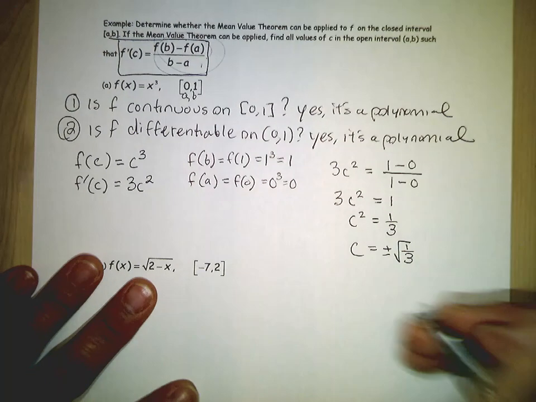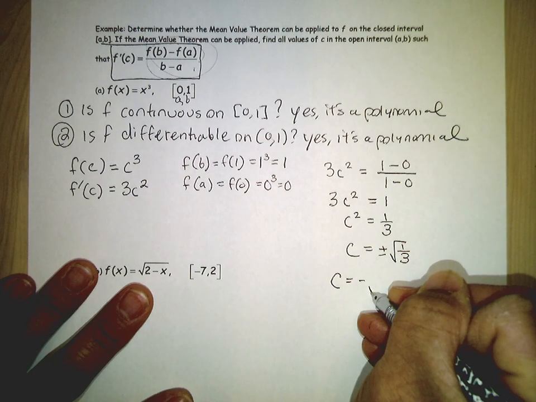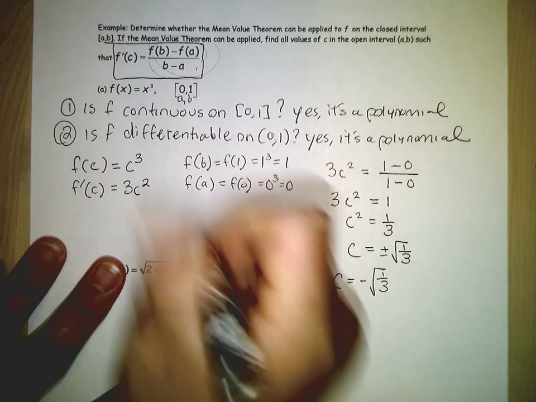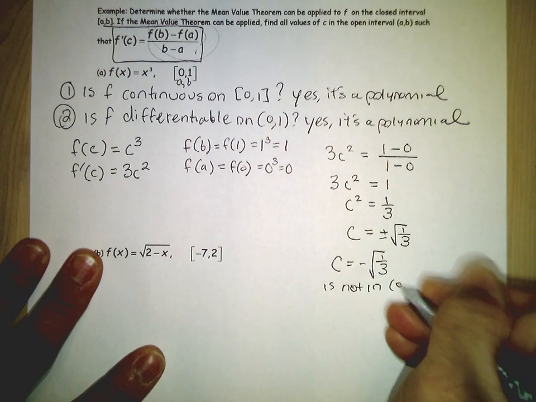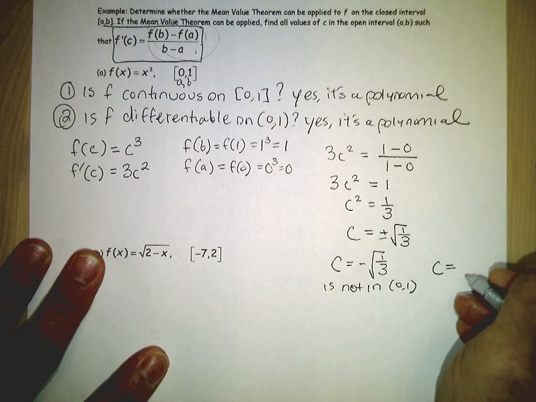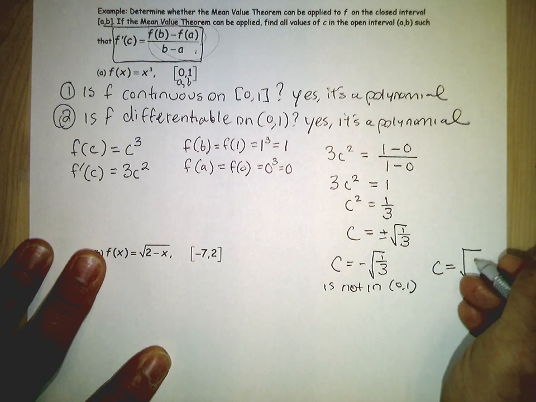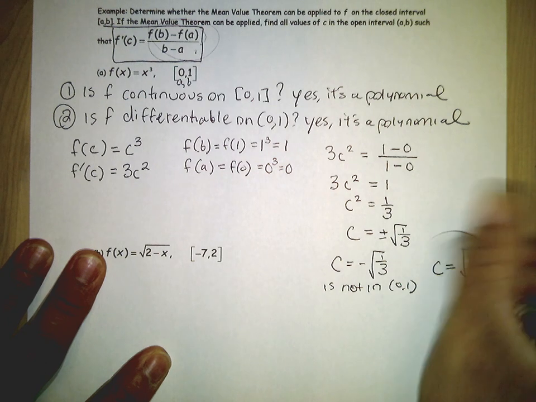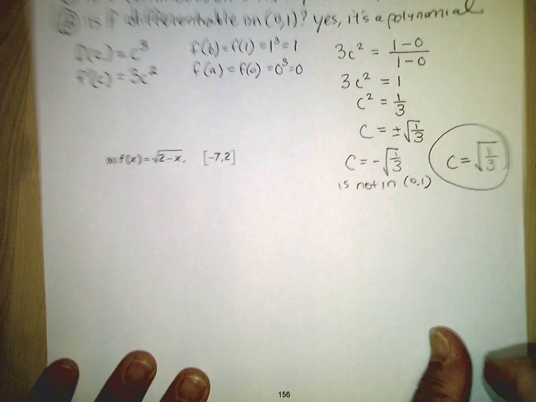But notice that c equals negative square root of 1 over 3 is not in 0 to 1. So the solution is c is the square root of 1 over 3. All right, what a time to be alive.